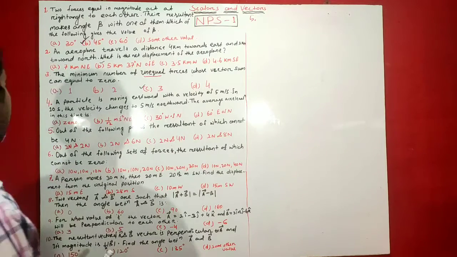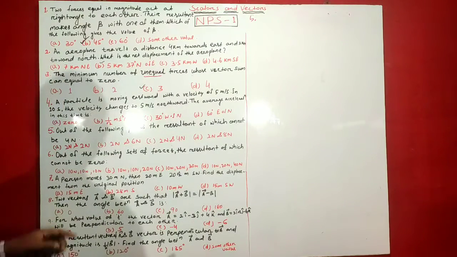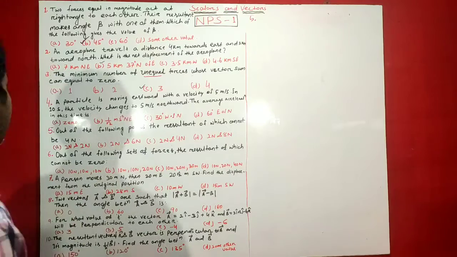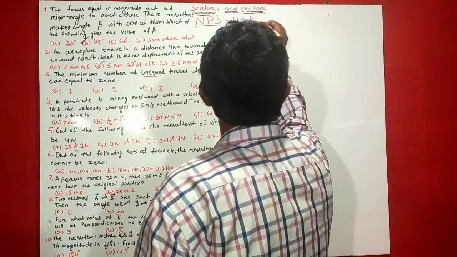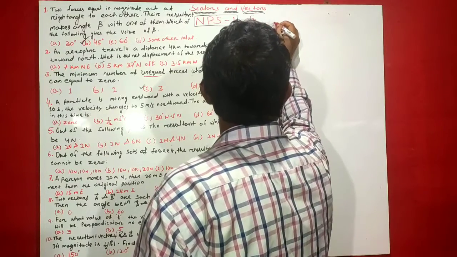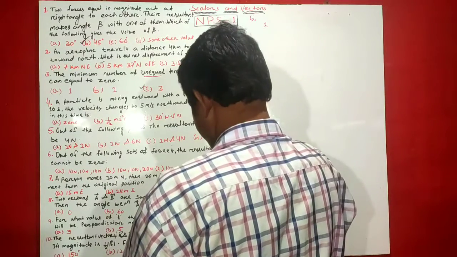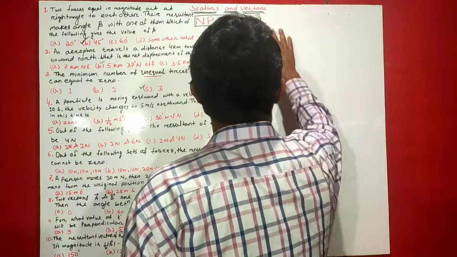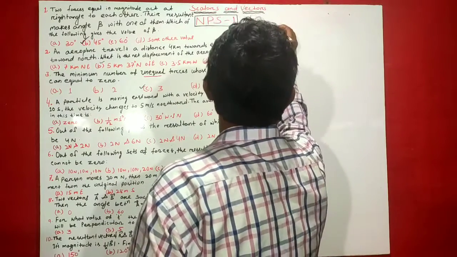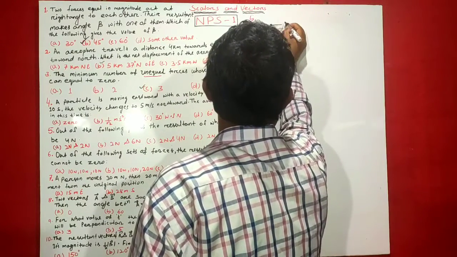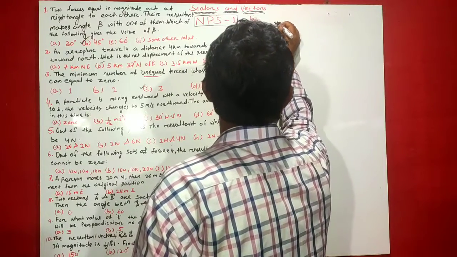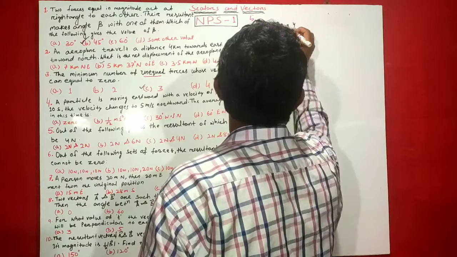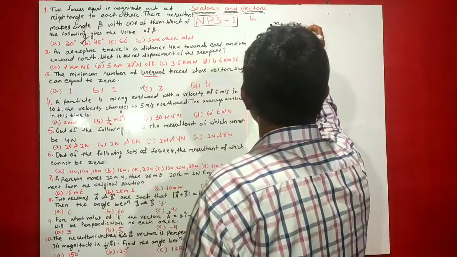So the maximum resultant will be when the forces are in the same direction. Let here be a body. When we put the two forces of 2 Newton, then it will be 4 Newton.